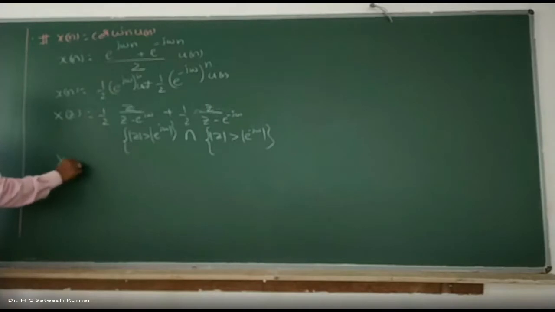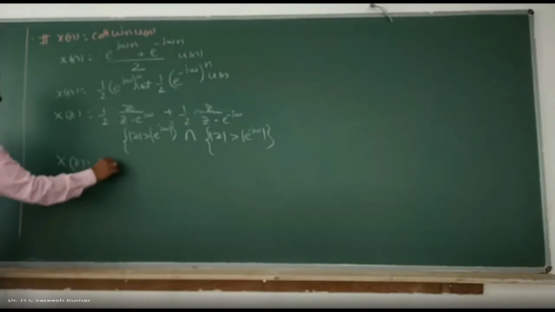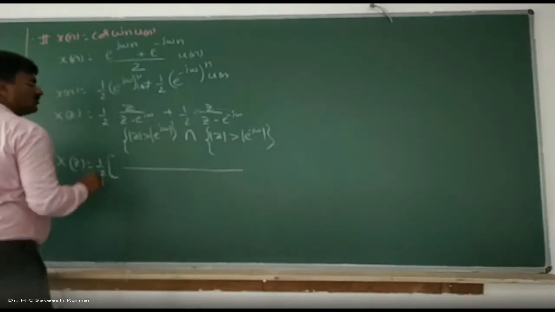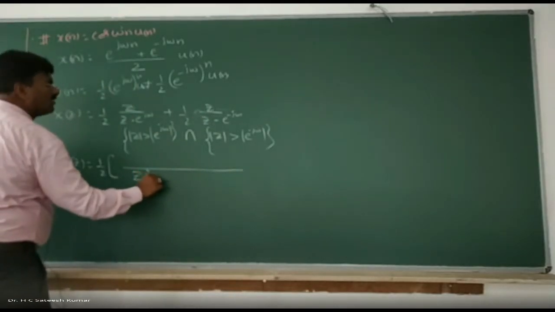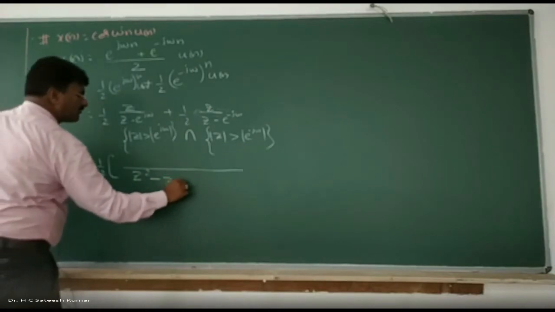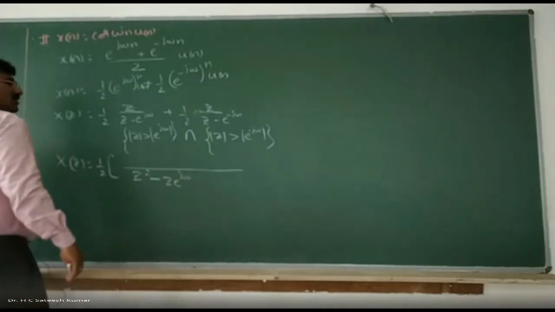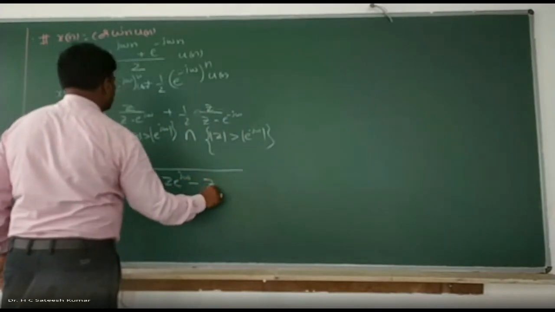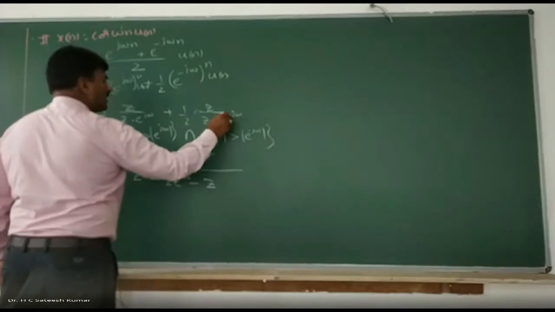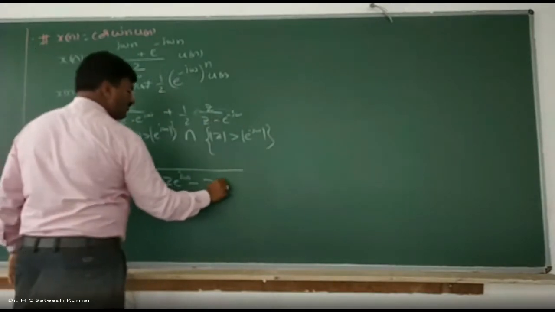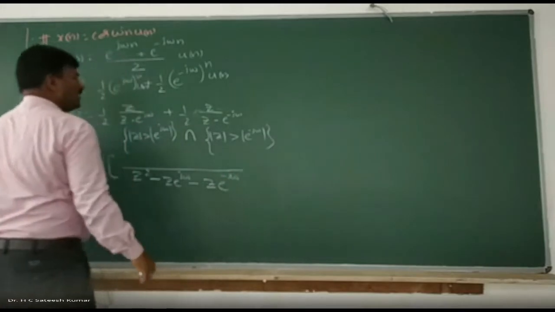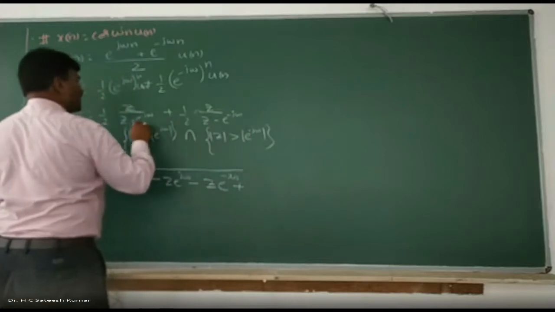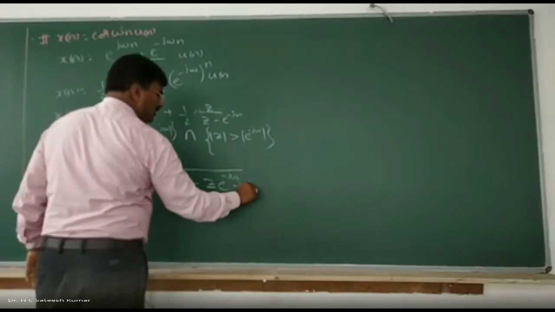X of z is equal to, take 1 by 2 common, take the LCM, you multiply these two. What will you get? Z into z minus e to the power of minus j omega, and next z minus e to the power of j omega into z minus e to the power of minus j omega, and next minus into minus plus e to the power of minus j omega into e to the power of j omega, which is e to the power of 0, which is 1.